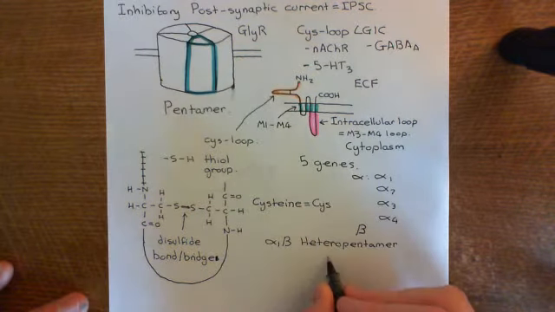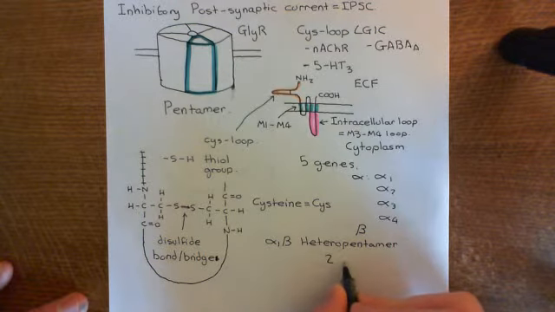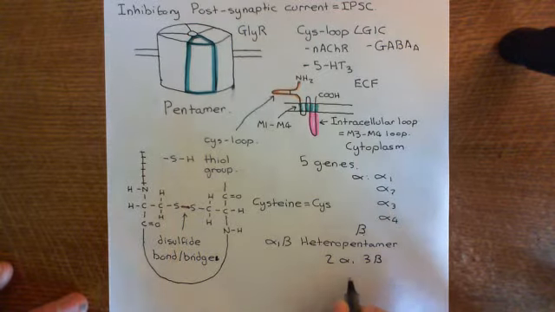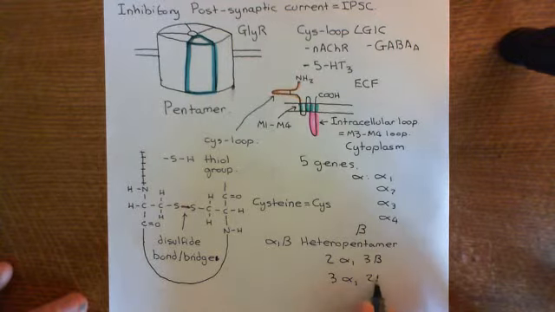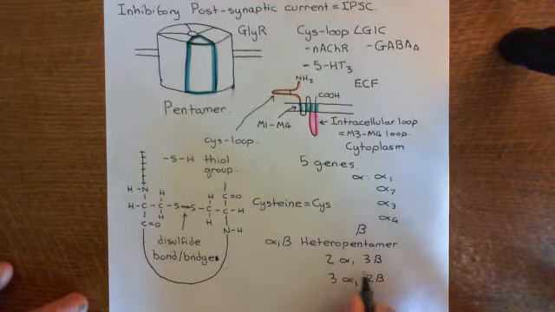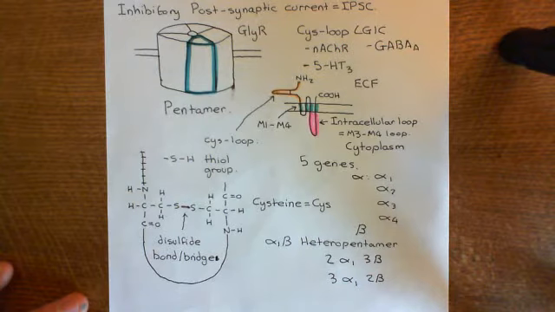So we think there may well be 2 main stoichiometries: 2 alpha 1 subunits and 3 beta subunits, or 3 alpha 1 subunits and 2 beta subunits. Both of those seem viable options for an alpha 1 beta heteropentamer.